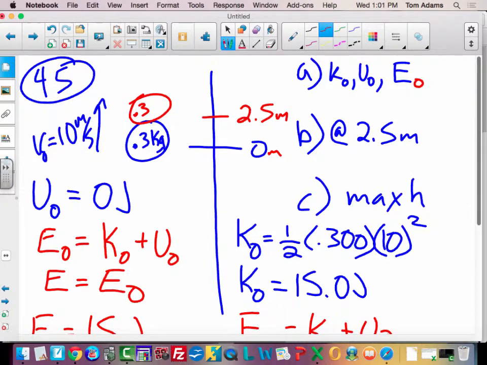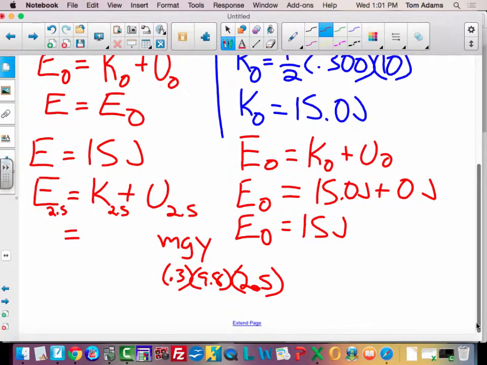So now, what do I do about the other stuff? Well, this will have a number, but it's got to be added to this kinetic energy. Do I need to calculate the kinetic energy? Well, I know what it is. The mechanical energy never changes, so this should be 15 joules. And this is the kinetic energy at 2.5.